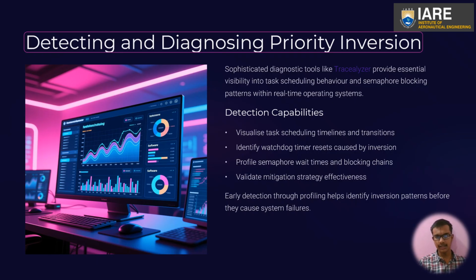The first is visualizing task scheduling timelines and transitions, then identification of watchdog timer resets caused by inversion, profiling semaphore wait times and blocking chains, and lastly, validating mitigation strategy effectiveness. Early detection through profiling helps identify inversion patterns before they cause system failures.